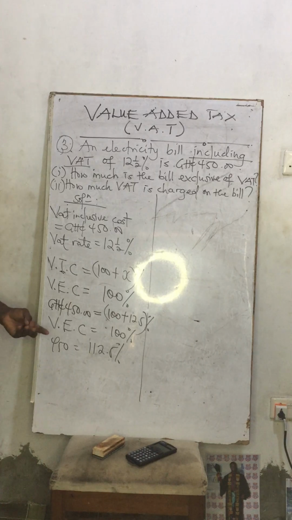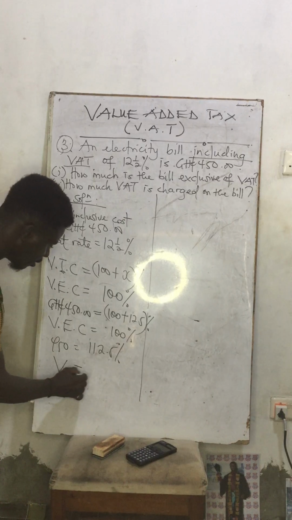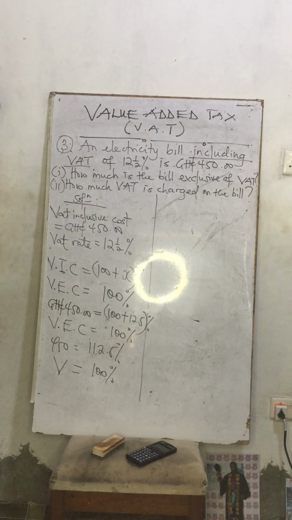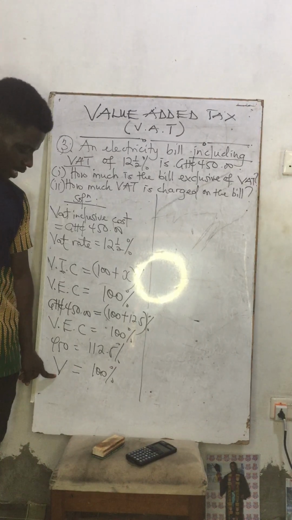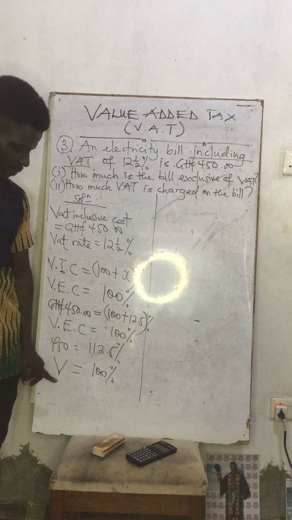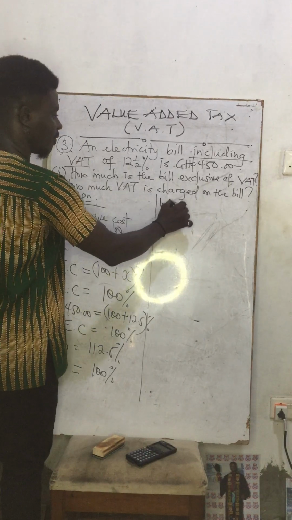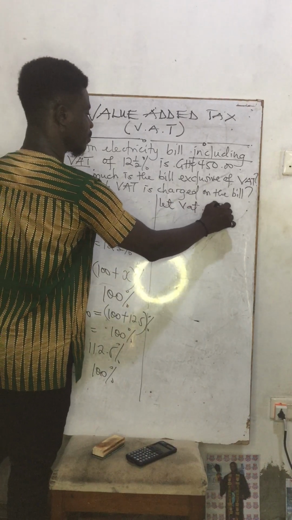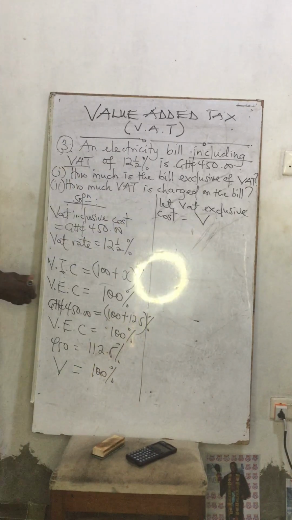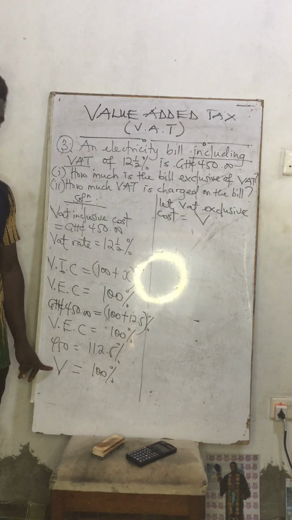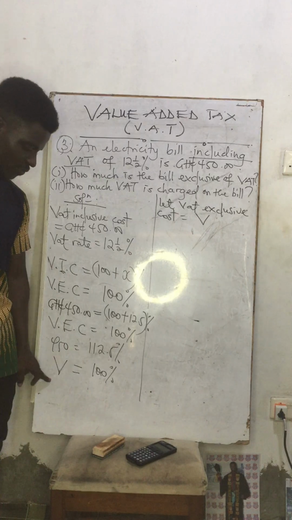And our VAT exclusive cost, let's say it to be capital V, is equal to 100%. We are finding the VAT exclusive cost, which is capital V. So when you see V, that's the VAT exclusive cost, equivalent to 100%.